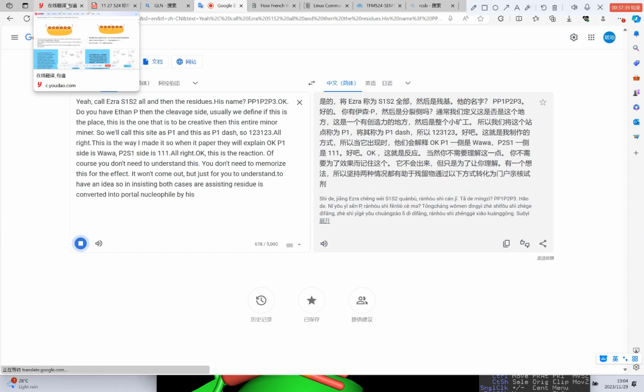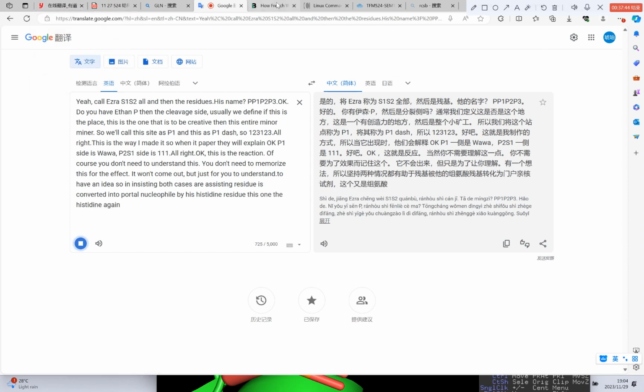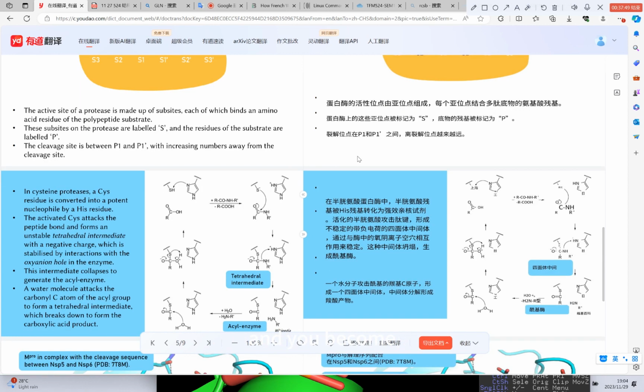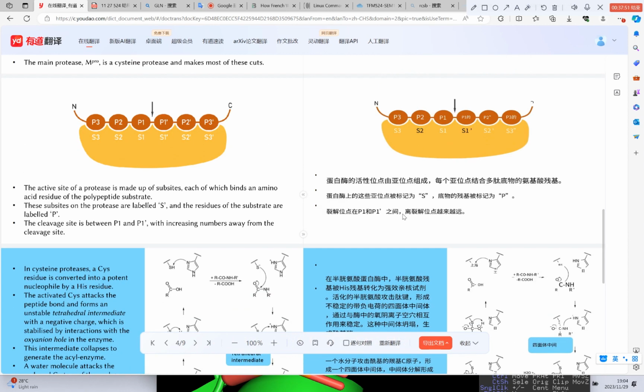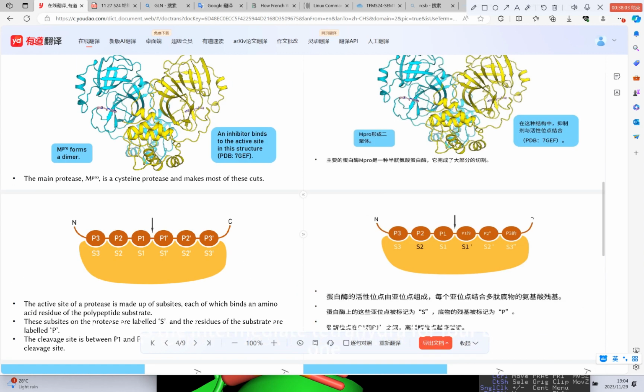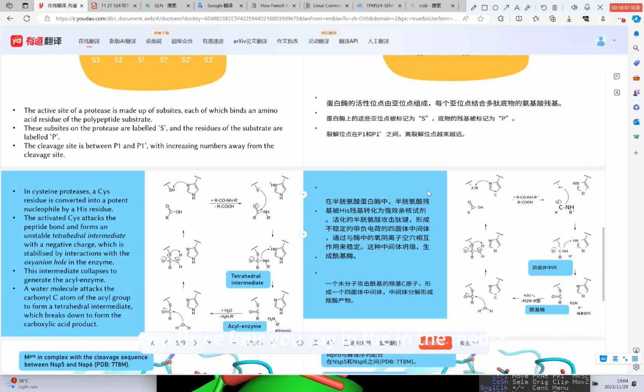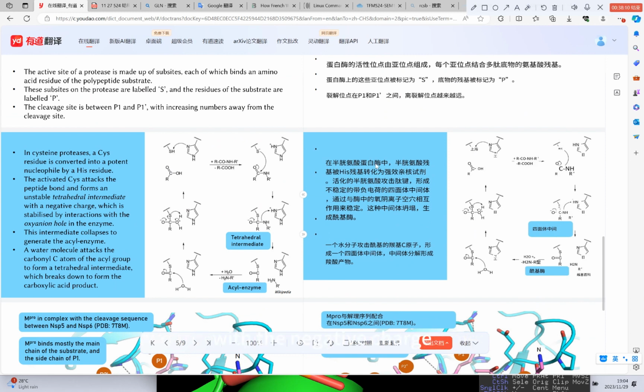This one, the histidine again, will activate the SH, it will grab the hydrogen, then S will become negative and it becomes a nucleophile that will attack the peptide bond and form an unstable tetrahedral intermediate. It will attack this one, then it will form a bond with this C, and this is the tetrahedral intermediate, four bonds, 1, 2, 3, 4. It's an intermediate with a negative charge. So it has a negative charge now.